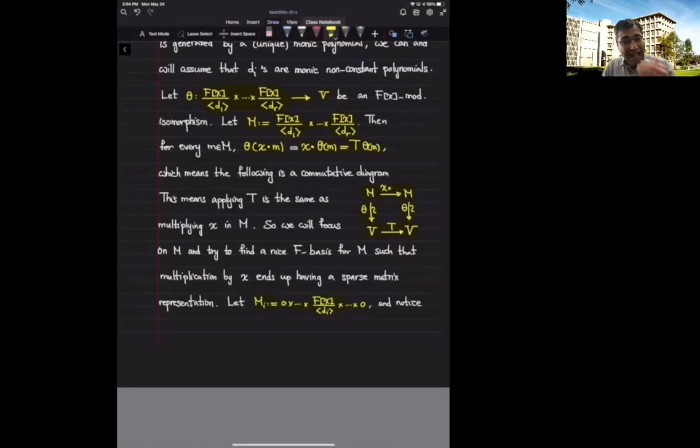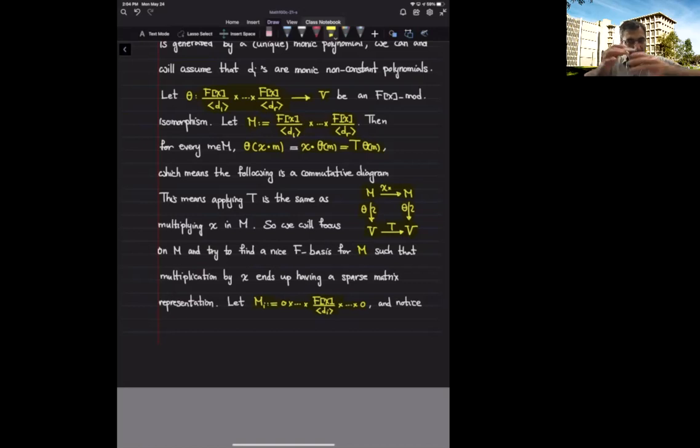Notice that when I add the M sub i's, I get the entire M. So M is nothing but the summation of the M sub i's. And also notice that if I give you vectors from different M sub i's, they are linearly independent, because every non-zero component that one of them has, the other ones have 0 in those components.